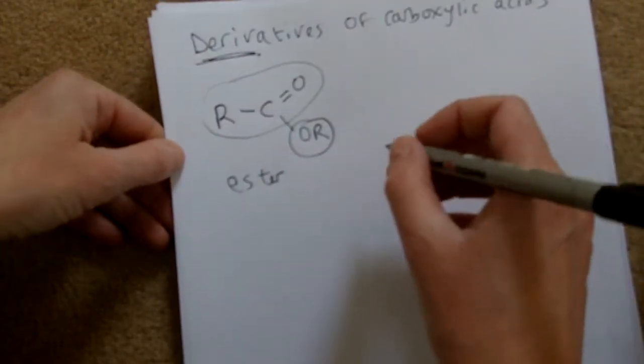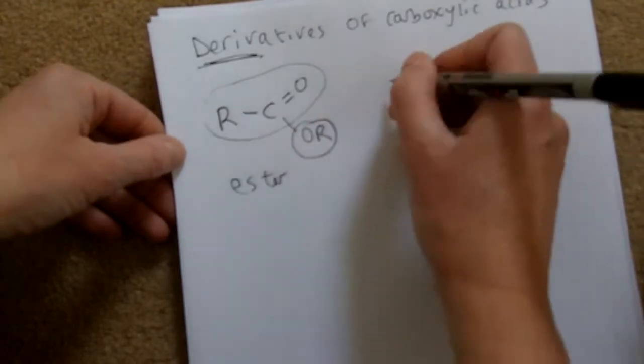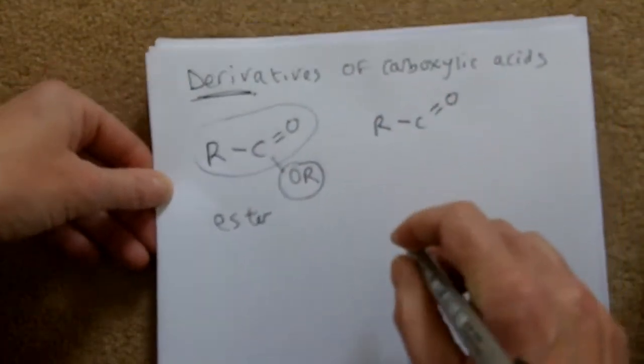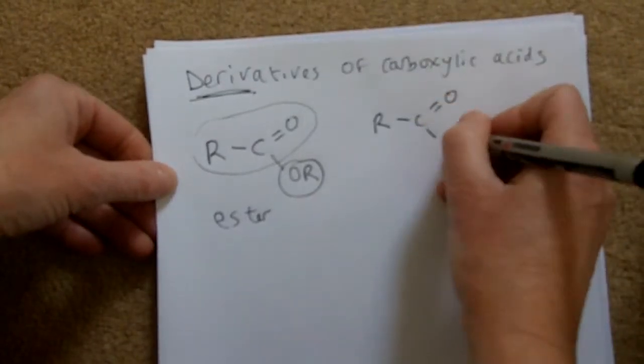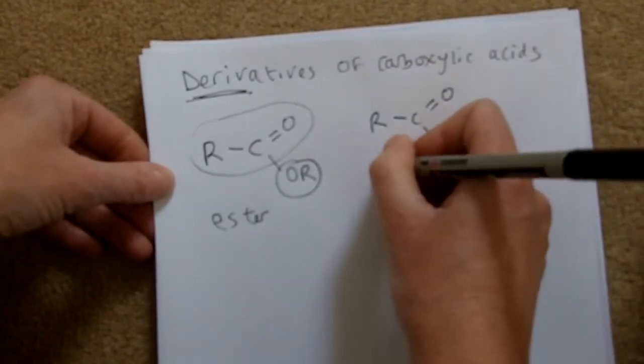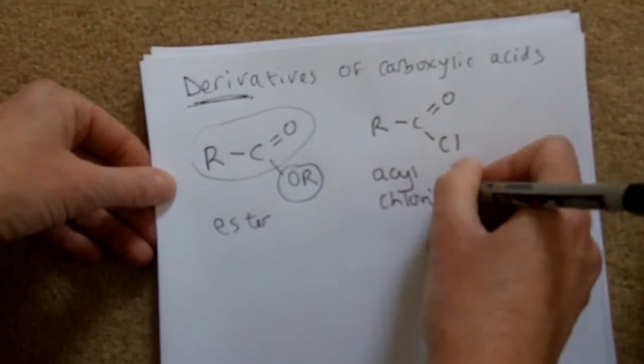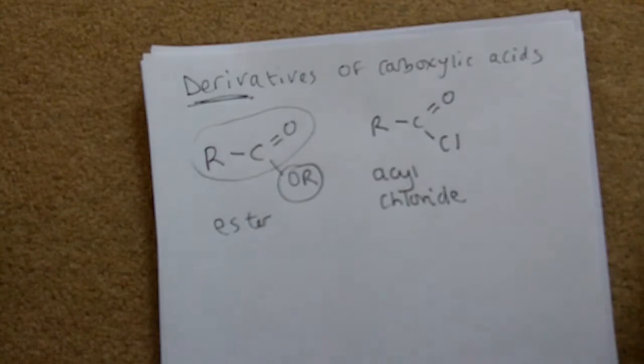Another one is, you have the same part like that, and this time you have Cl, and that is called an acyl chloride.